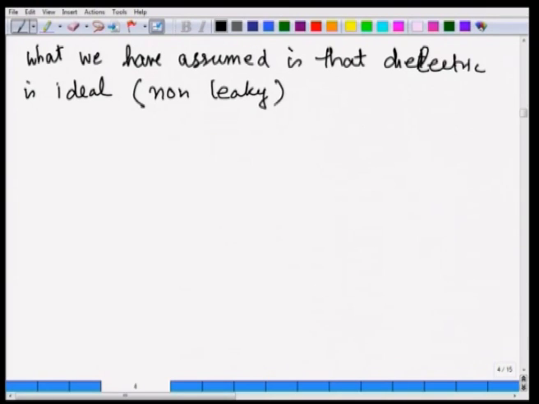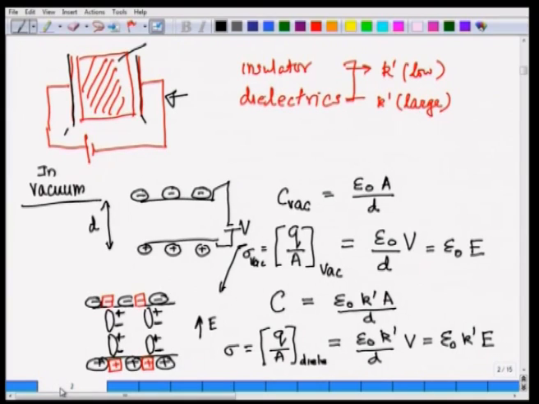What do I mean? We have assumed that this dielectric material is a perfect insulator. So in this capacitor, when you apply voltage, no current flows. Since this dielectric material is not leaky, when you apply an electric field, there is no conduction whatsoever, and that is our ideal dielectric.